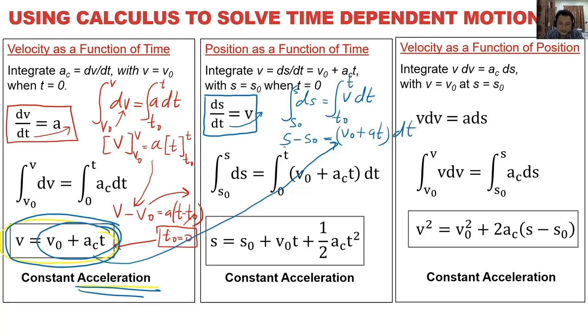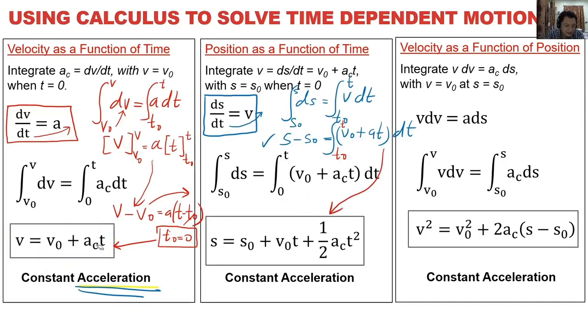This part is done. This one you have to integrate one more time, from T naught to T. If you integrate this one, you're going to derive this equation.